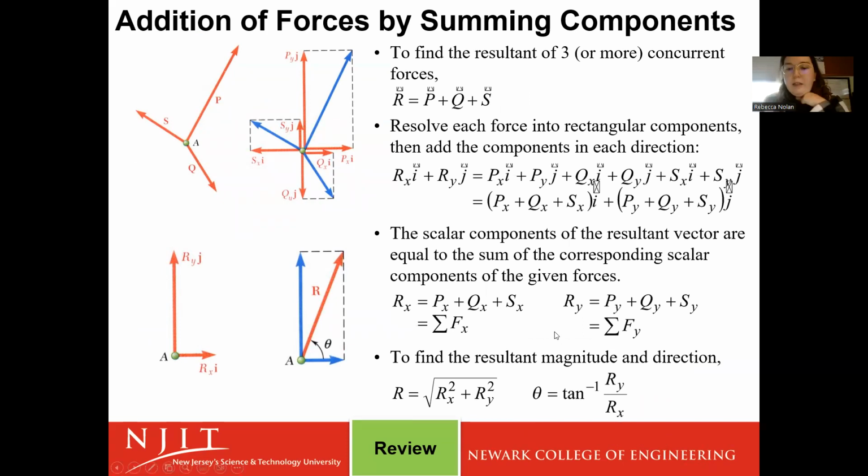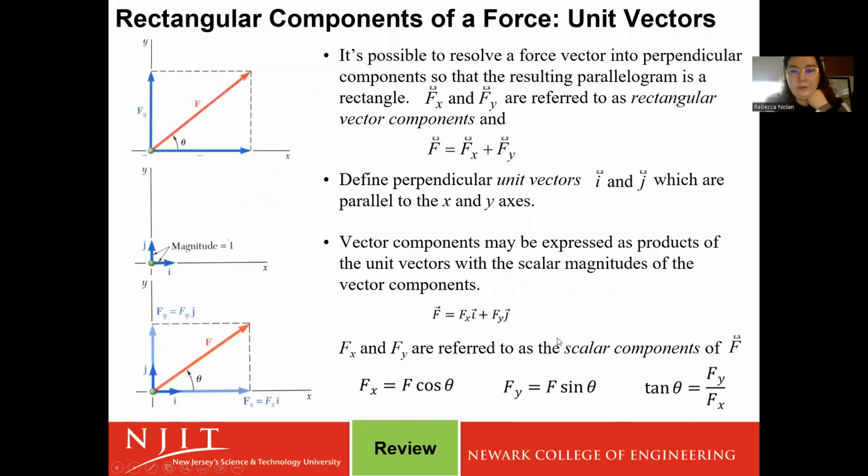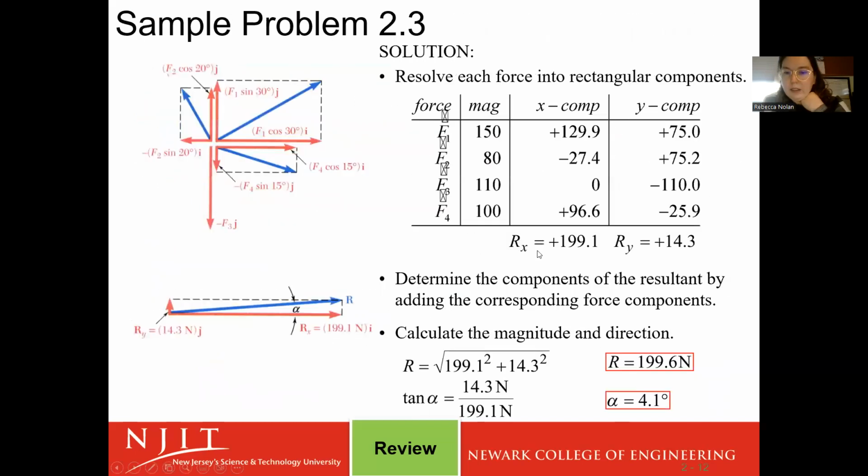So let's say we had instead Rx is negative 199 and Ry was negative 14. Then our tangent would be the same equation, right? Tangent of alpha would equal negative 14 over negative 199. Those negatives double negative, so it's the same positive.